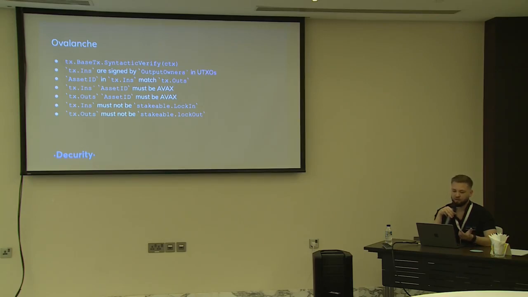Unlike Ethereum, Avalanche is a UTXO-based blockchain like Bitcoin. So I guess many of you know what UTXO is. It's an unspent transaction output. It differs from the standard account model in Ethereum in that when you make a transfer, you spend some input and produce an output, and one account may possess different outputs, and the sum of amounts in all of those outputs is the actual balance of an account.